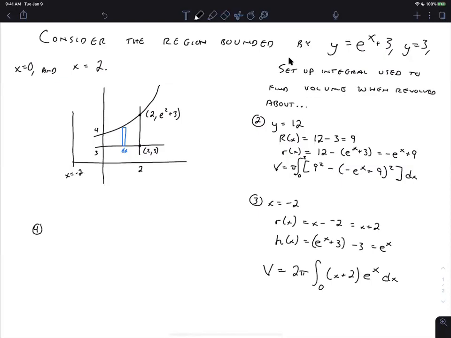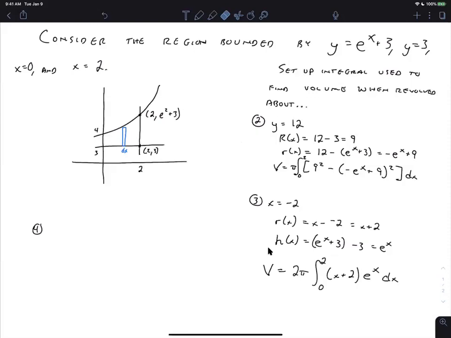And that goes again from 0 to 2. All right. Are we getting that? You guys getting that? Okay. Any questions at all so far?